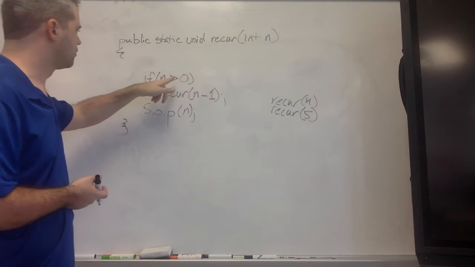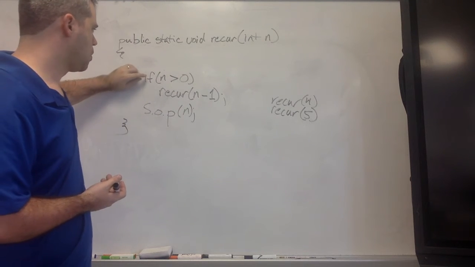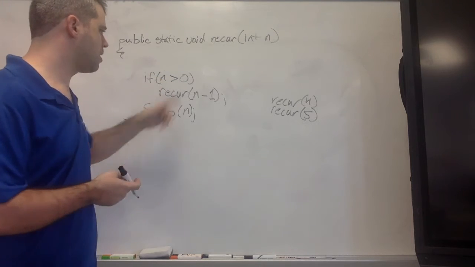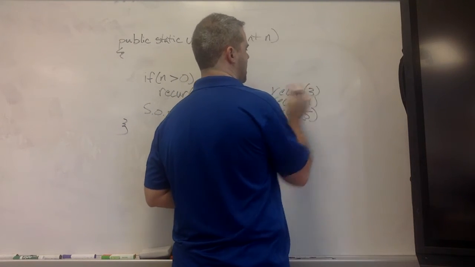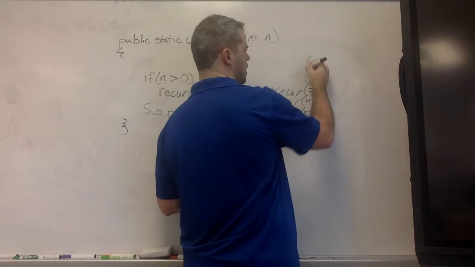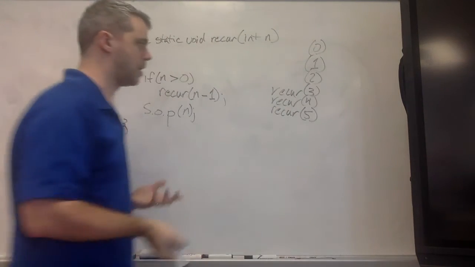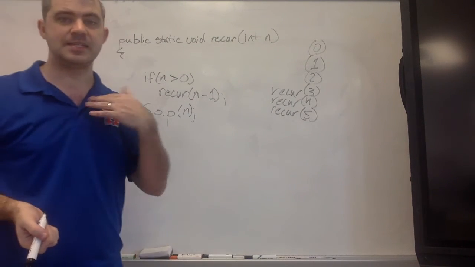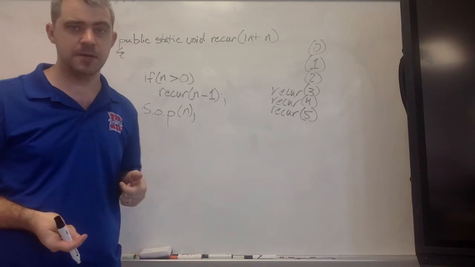We call recur 4, and again, we don't make it down here. 4 is bigger than 0, so we call recur 3. And 3 is bigger than 0, so we call recur 2. And then we call recur 1. And then we call recur 0. Now, none of these print statements have happened.